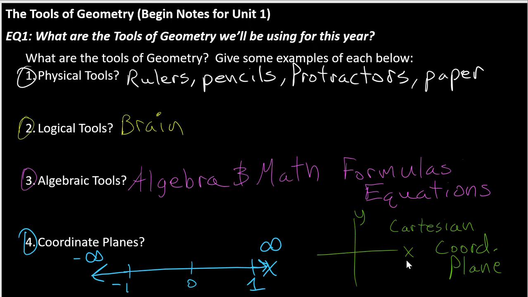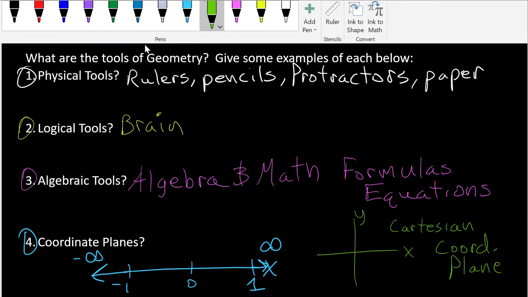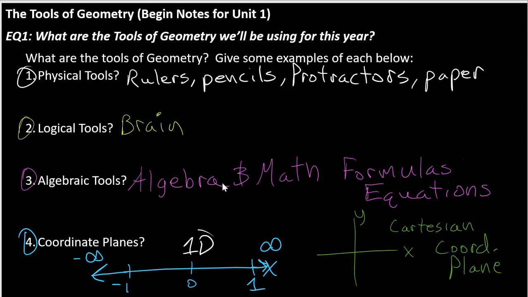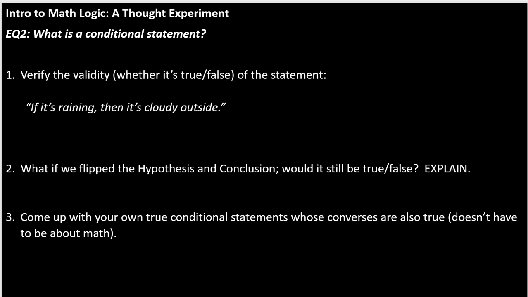And that's just your basic XY axis grid that you've been using forever. And this guy over here in blue is what we normally call a number line, and it's only got the one axis. So this one would be a one-dimensional coordinate plane, and this one would be a two-dimensional coordinate plane, right? So those are our tools of geometry, so to speak.